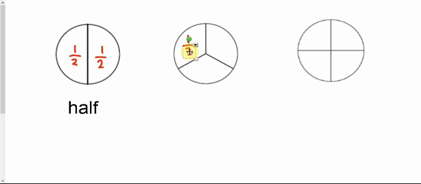And of course this will happen again in here: one out of three, and in here one out of three. So this one is a third, or 1/3. So if it's 1 out of 2, it's a half. If it's 1 out of 3, it's a third, okay?